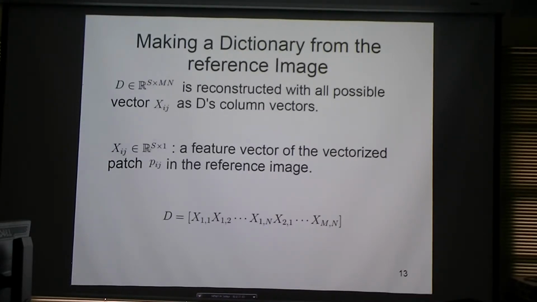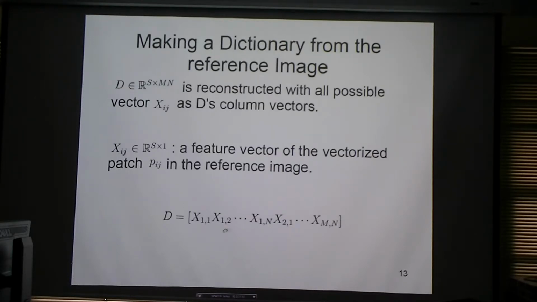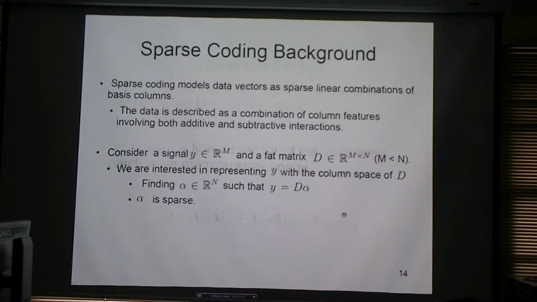After defining Xij, we create D in this format, and you can see that our D is a fat matrix. That means the number of rows is less than the number of columns.